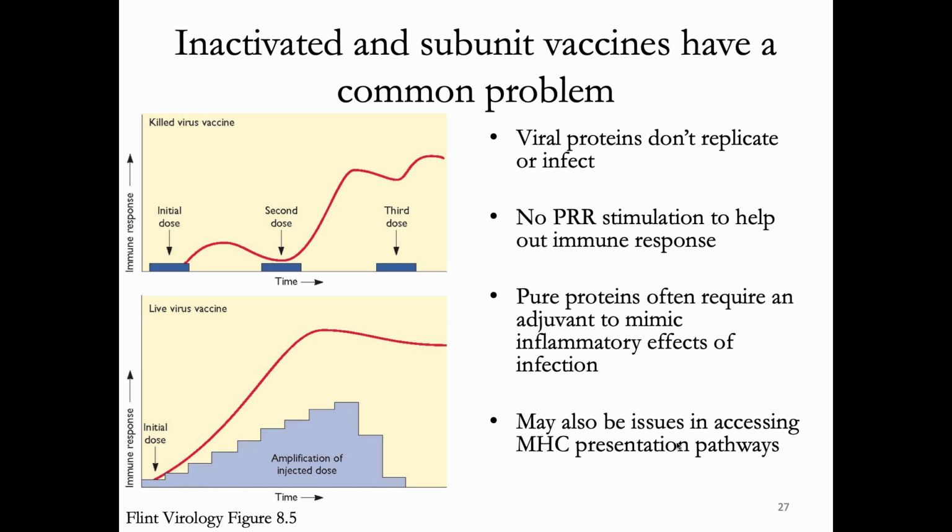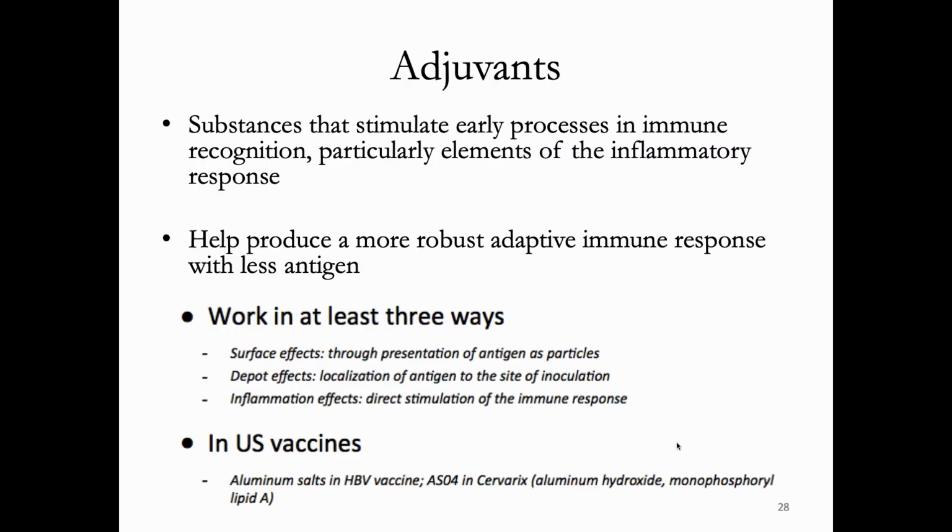These vaccines also require adjuvants, whereas the live attenuateds may not require an adjuvant to be delivered with them. Adjuvants are substances that stimulate early processes in immune recognition, especially PRR stimulation. And so the idea is they will help you get a better immune response with less antigen.